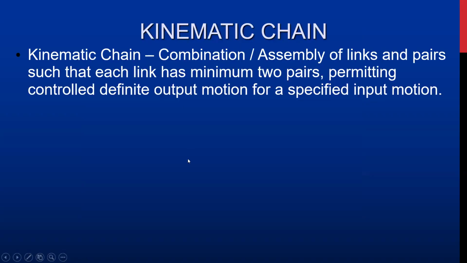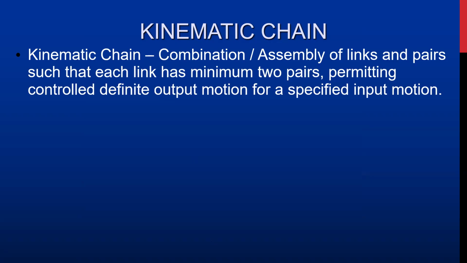All right, so let's look at what we call the kinematic chain. The kinematic chain is a combination, or we can say the assembly of links and pairs. Have you heard this? It is the assembly of links and pairs.